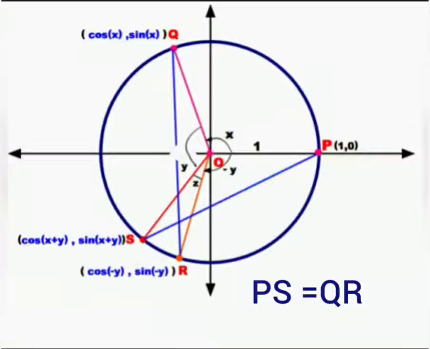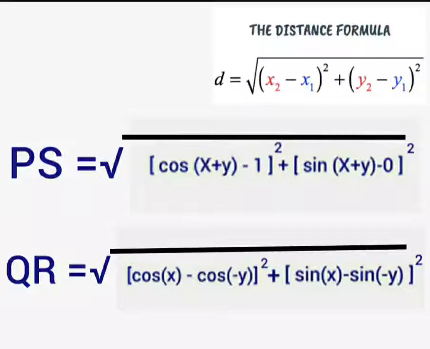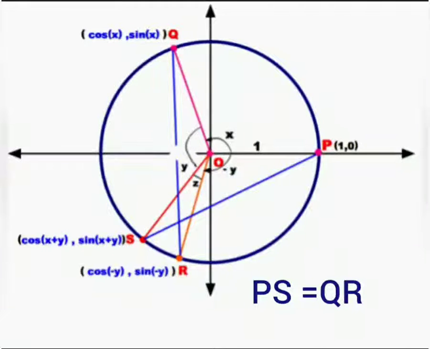Using this distance formula, we get PS is equal to under root of (cos(x + y) - 1) whole square plus (sin(x + y) - 0) square, and QR is equal to under root of (cos x - cos(-y)) whole square plus (sin x - sin(-y)) whole square.